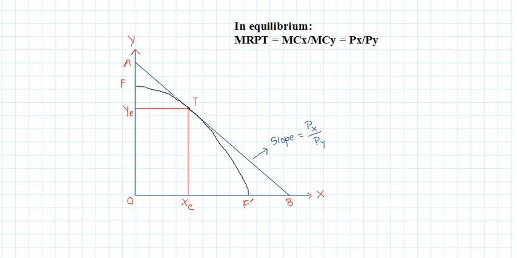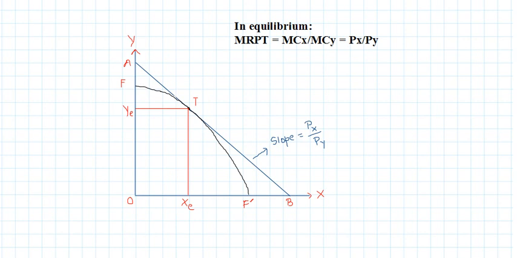After incorporating all this information in this diagram, we can say that the general equilibrium in production theory is obtained through this equation, where the slope of the PPC, the marginal rate of product transformation, is equal to the ratio of marginal costs of X and Y, which should be equal to the ratio of prices of X and Y. If the ratio of marginal cost is not equal to the ratio of price, it may imply that the firm is experiencing either losses or supernormal profits.